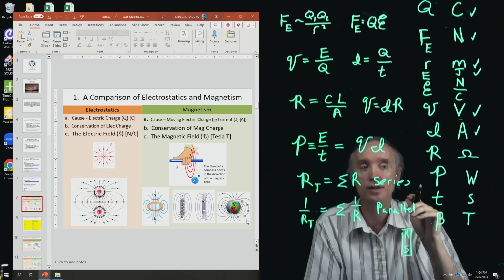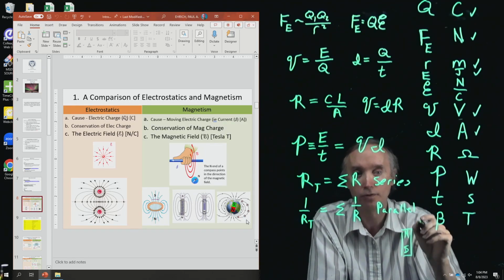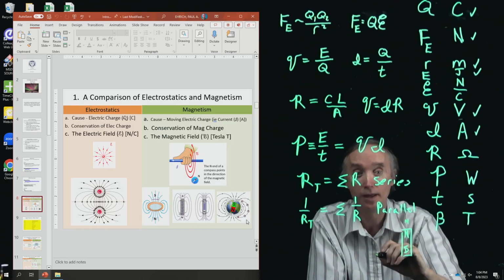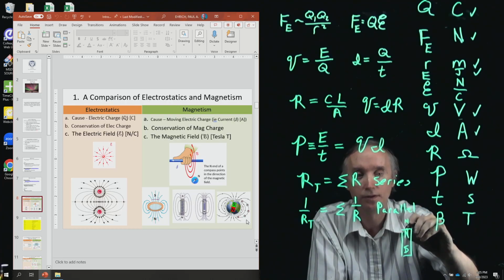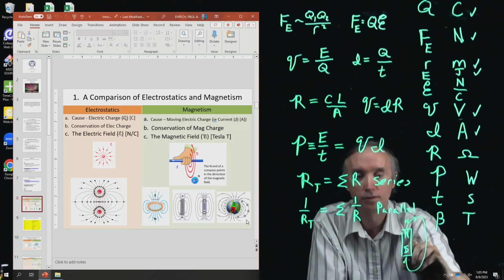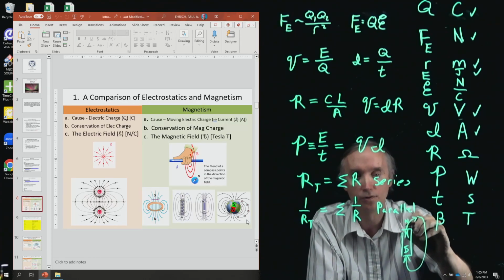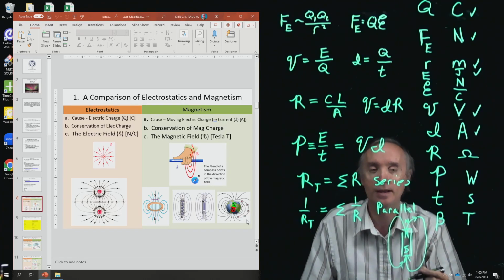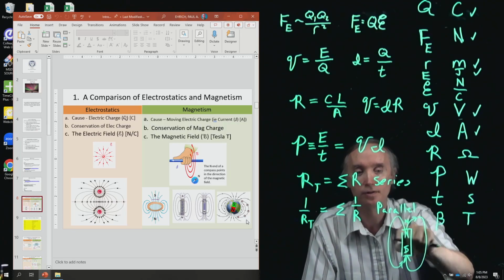You're going to use a teeny tiny north pole, and if you put a north pole right here, it would be repelled. So that would mean that it's going to come out of the top, and then it goes in the bottom. And then it goes out the top, and then it goes in the bottom. So that would be the magnetic field of this.